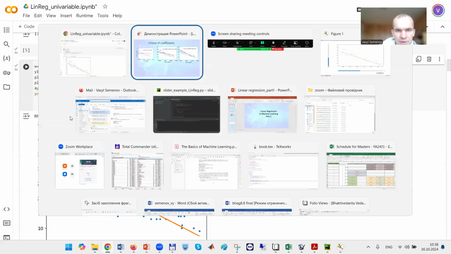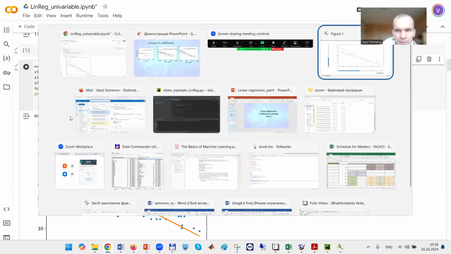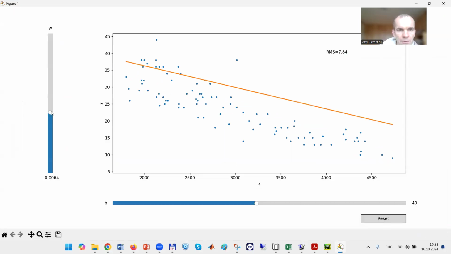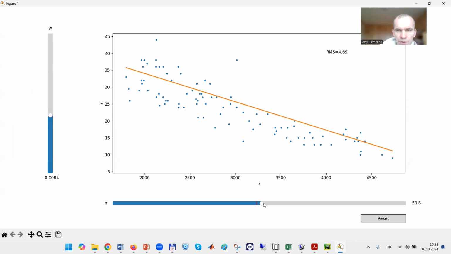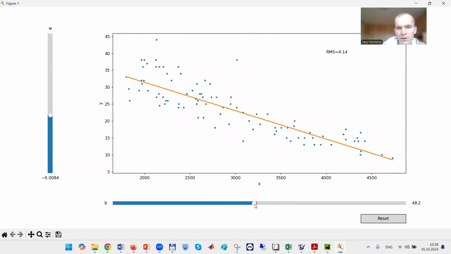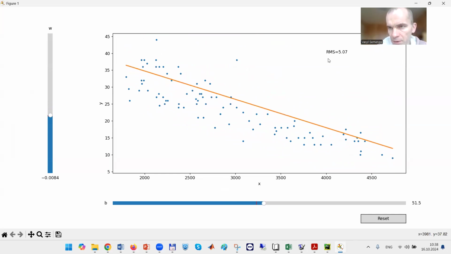I also prepared a slider in Python for the same data set. Here we can see how varying the parameter W results in the form of this linear approximation, and correspondingly we can move the parameter B as well. Also here you can see that the root mean square error in the upper right corner of this graph changes correspondingly.